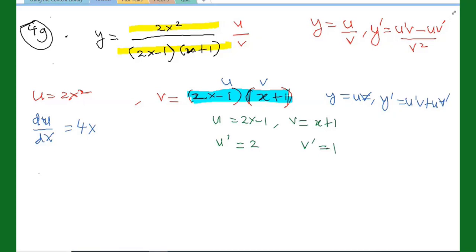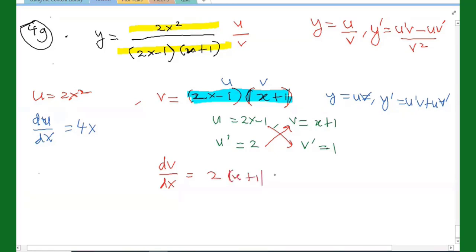So for v, dv/dx, we use the rule like this: 2x plus 1 plus 2x minus 1 and then 2x plus 2, just an example, and then we get 4x plus 1.